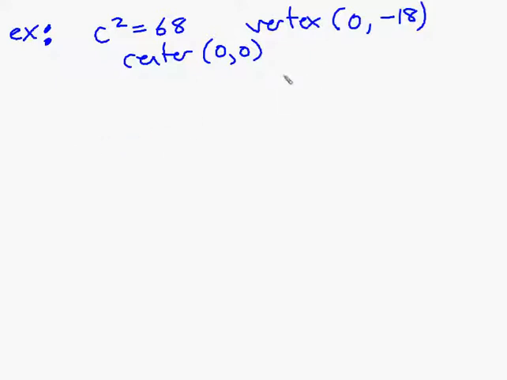Well, if the center is 0, 0, and I have a vertex at 0, negative 18, does this open left and right or up and down? Up and down. Because I have 0, 0, and one of my vertices is down here, 0, negative 18. Which means, how long is this?